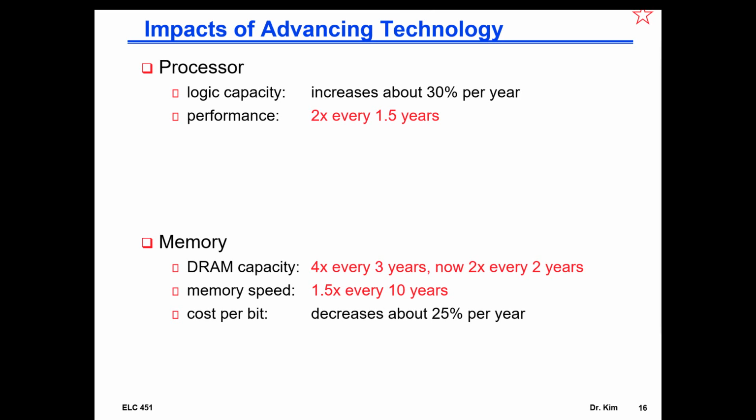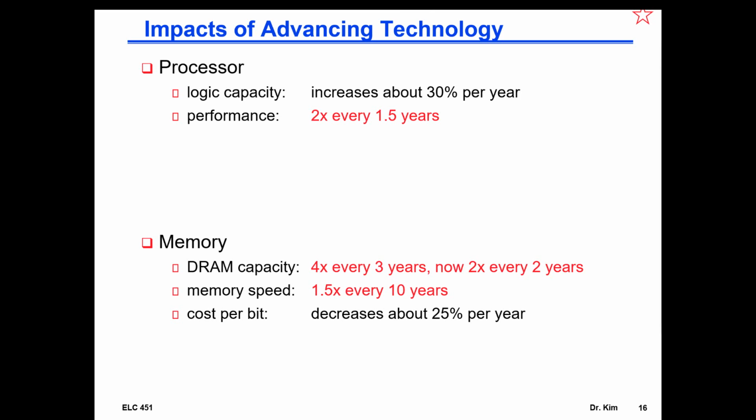But the point is that what he was thinking was not about speed, it was about the complexity and the number of devices. If we can put more devices on the chip, we can make memory chips that have more memory per die. So DRAM, dynamic random access memory, capacity is about 4x every 3 years.